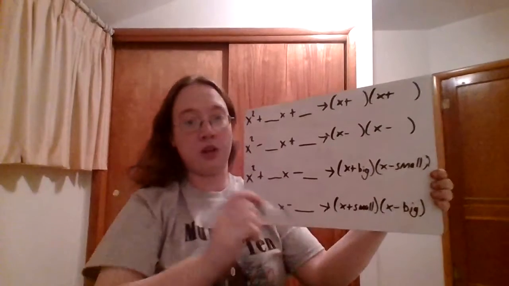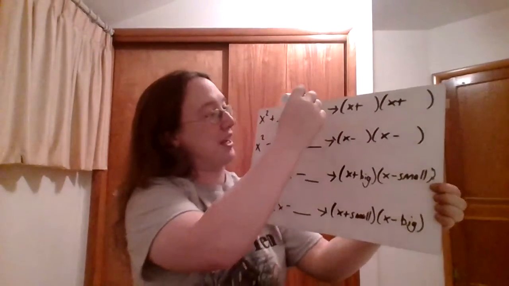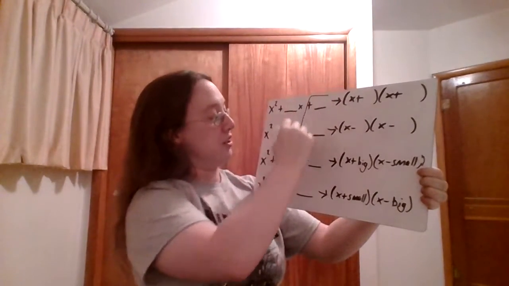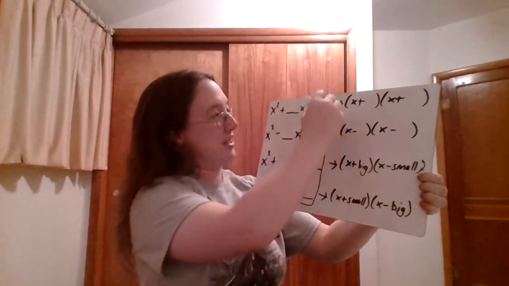Okay. And the other thing you probably want to remember is that we're looking for numbers that multiply to this. So we want numbers that multiply to this.